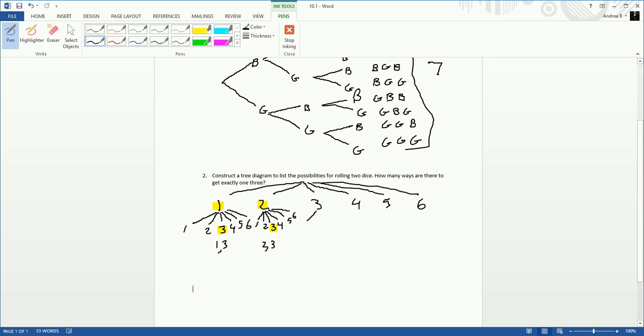And then whenever you roll a 3 to begin with, the only way to get exactly 1 3 in this case is for the second roll of the die to be anything other than a 3. Otherwise, you would have 2 3s instead of exactly 1 3.